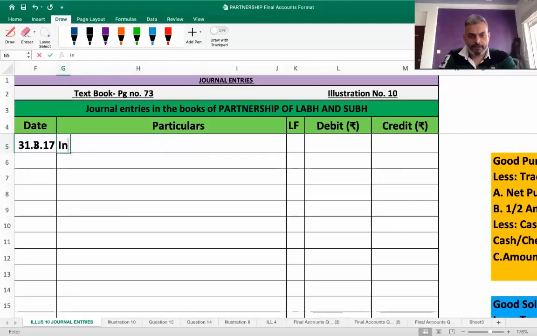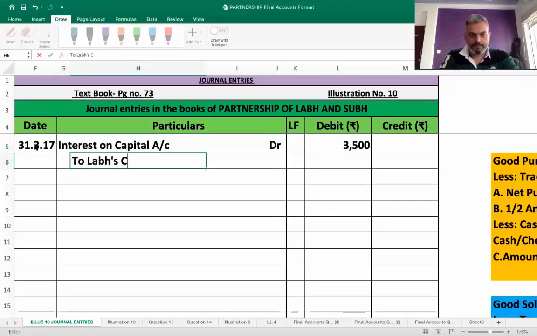Now, first entry is interest on capital account debit 3500 to Labh's capital account, to Shubh's capital account.